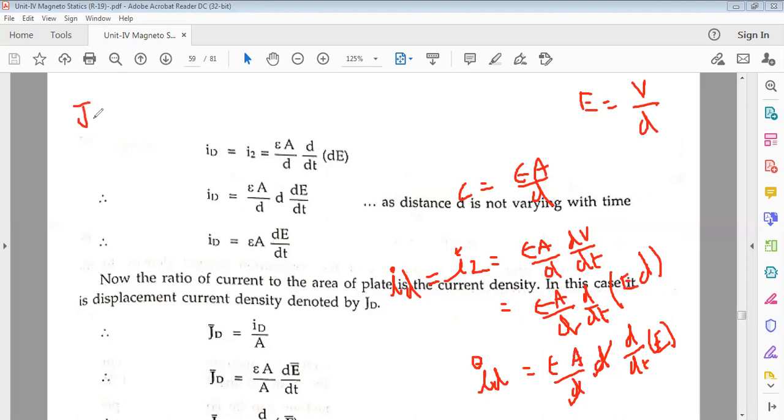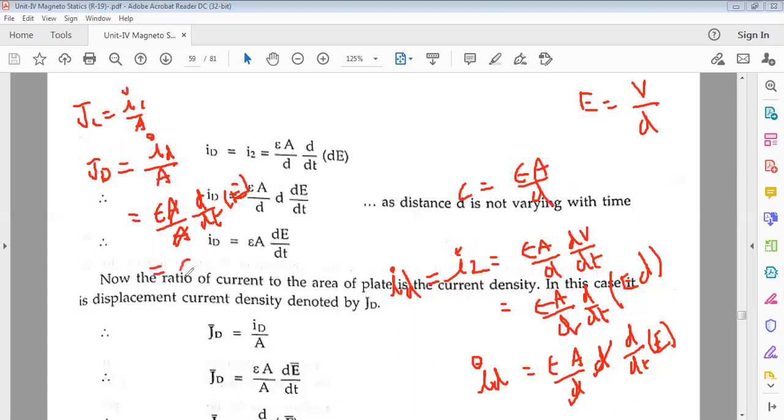And we know JC is equal to IC by A. Similarly, JD is the displacement current density, the displacement current divided by A. What is ID now? We got epsilon A into d by dt of E, divided by A. So A gets cancelled.